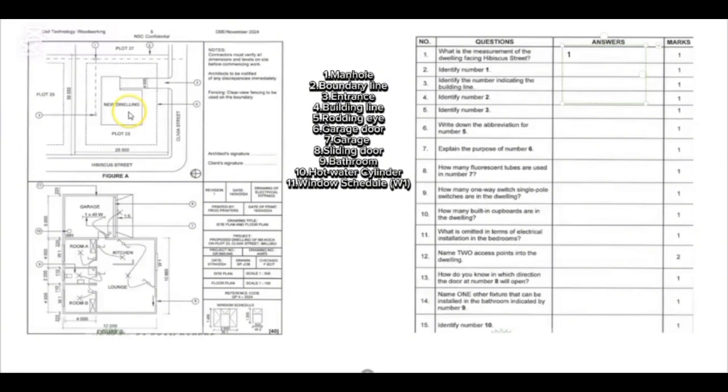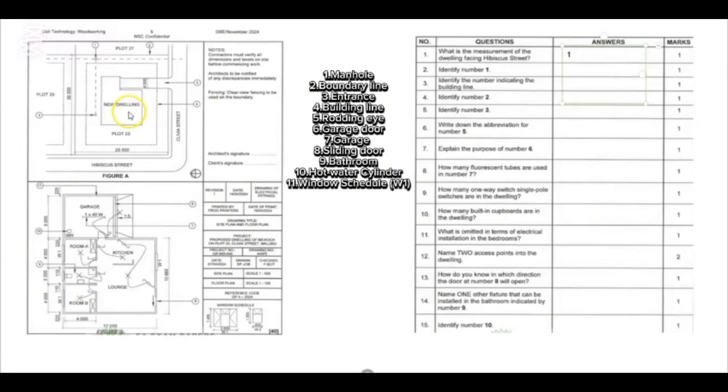Now we're on number 9. This points to the bathroom where you'll find fixtures like the basin. Number 10, this is the hot water cylinder used to supply warm water to the dwelling. And lastly, number 11, this is found near the garage.